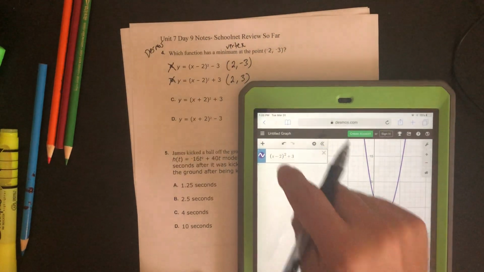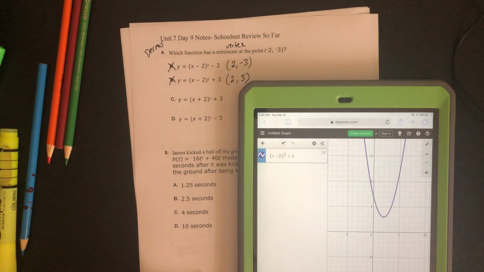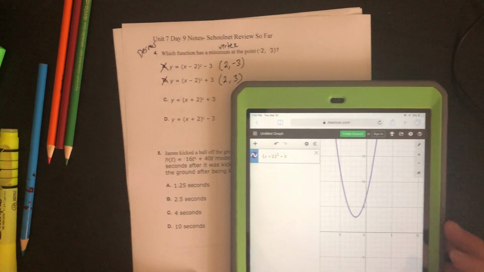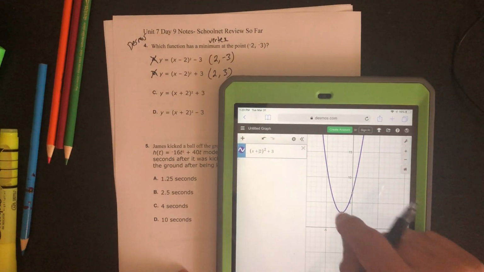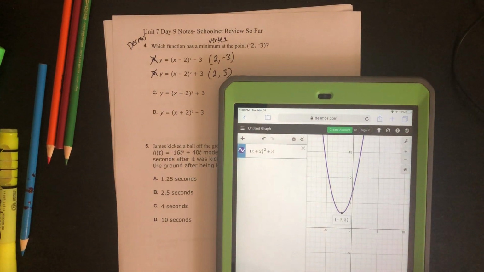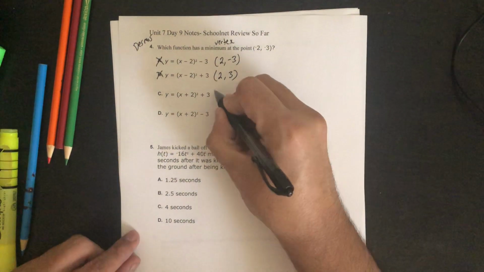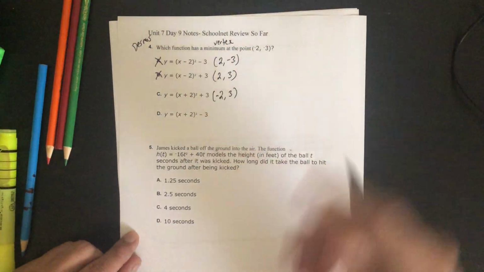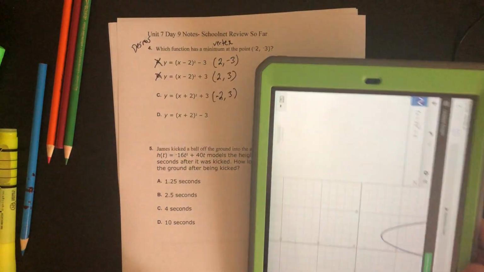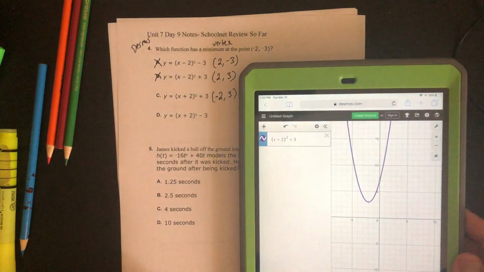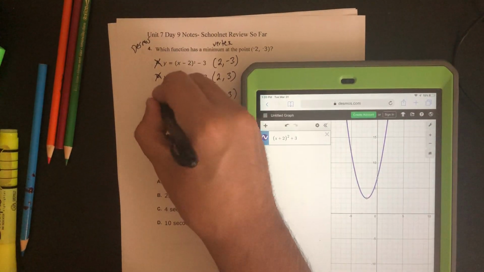Let's move on to answer choice C. The vertex for answer choice C is -2, 3, which clearly is not the answer.